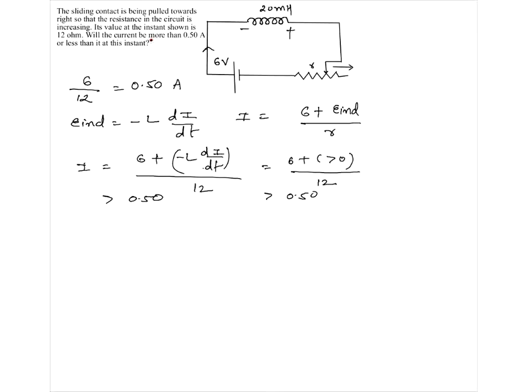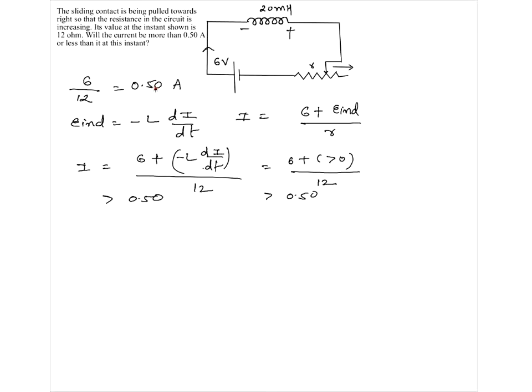If two batteries are in series, then it will be 6 plus something divided by 12. If you don't do anything to the resistor, then you will have 0.5 ampere current.